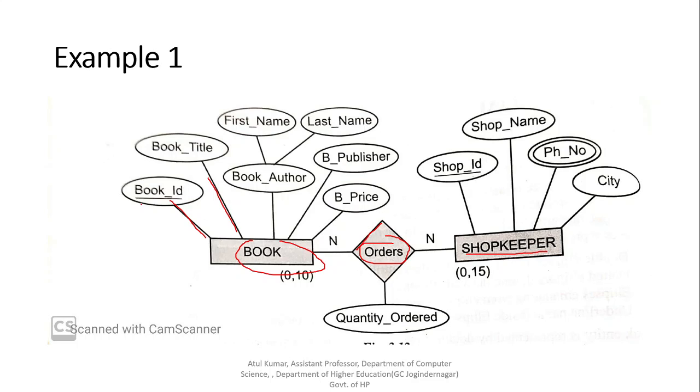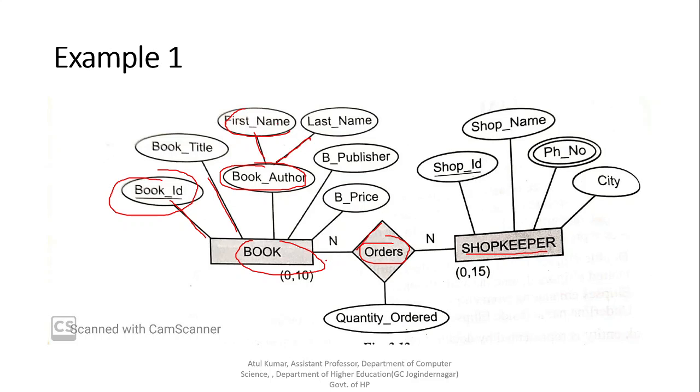Among these attributes, book id is a primary key, as there is an underline below book id. Next, book author is a derived attribute. The book author name may have a first and a last name, so we derive first name and last name from book author, and this attribute is a derived attribute.